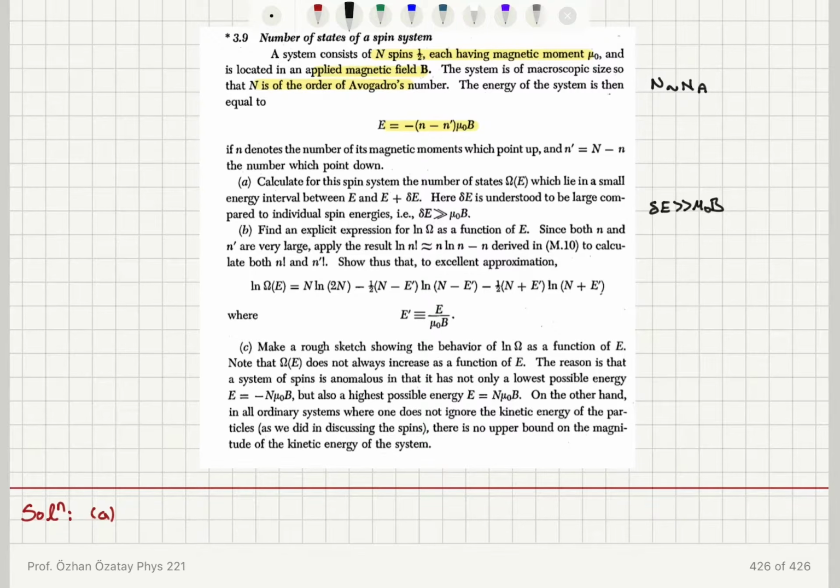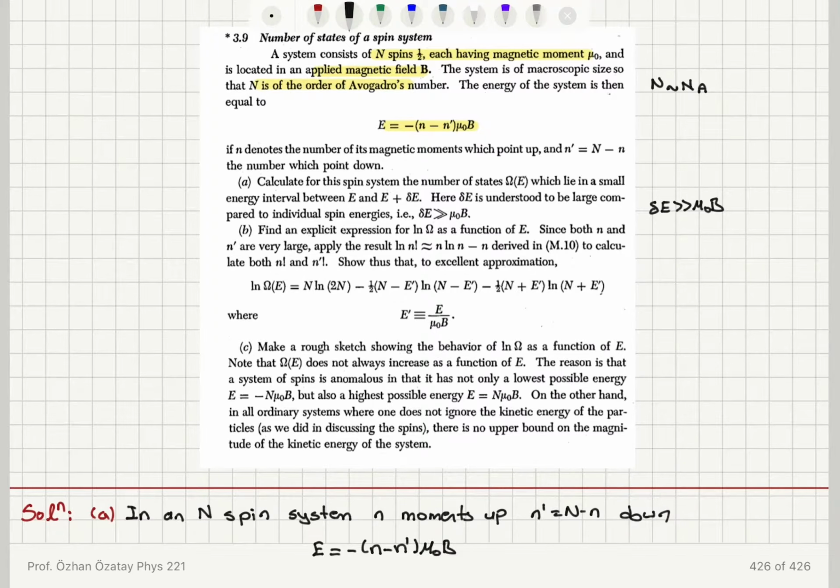Now we note that in an n spin system where we have n moments up and n prime, which is capital N minus n, down, the energy of the system will be equal to minus the net number of up spins, n minus n prime, each having a moment mu0 B. So it is minus magnetic moment dot product with the magnetic field.